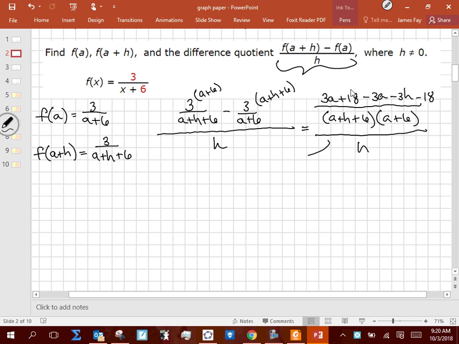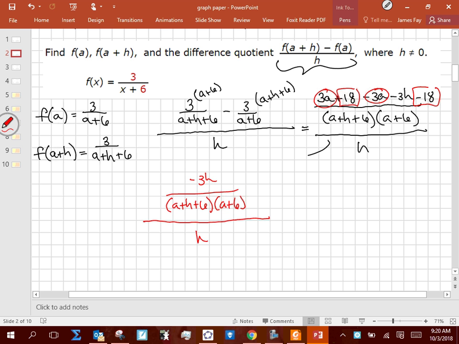Actually, what happens before I take it down here? What's going to happen with my 3a? That cancels out with the negative 3a. So that goes away. That goes away. What's going to happen with the 18? Cancels out. What am I left with? Negative 3h up top. On the bottom of that first fraction, I get a plus h plus 6, a plus 6. And on the bottom down here, I'm left with h, right? Okay.